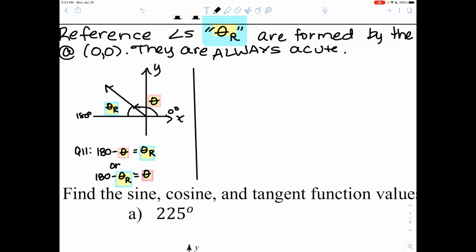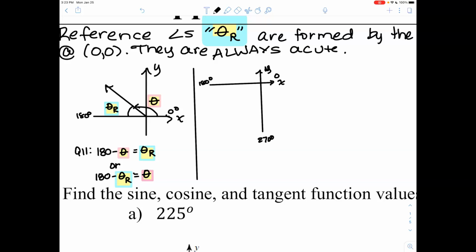Okay, in quadrant 3. So I'm going to draw a little bit different picture here. Well, 0 degrees, 180 degrees, 270 degrees.